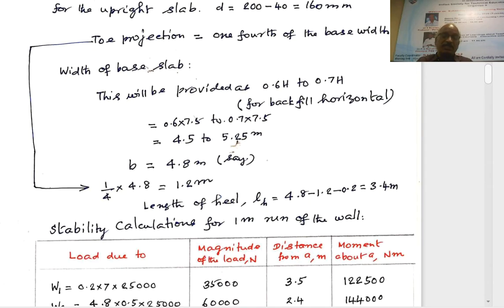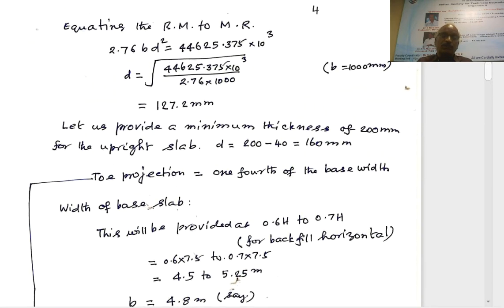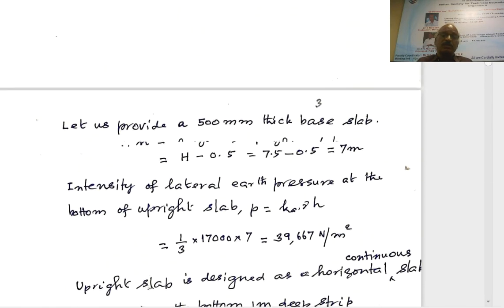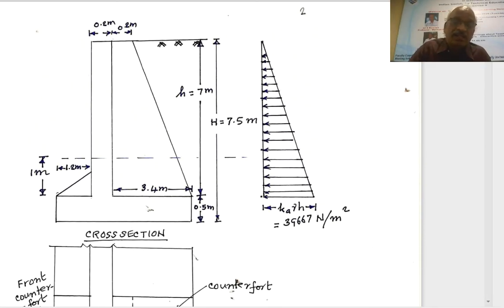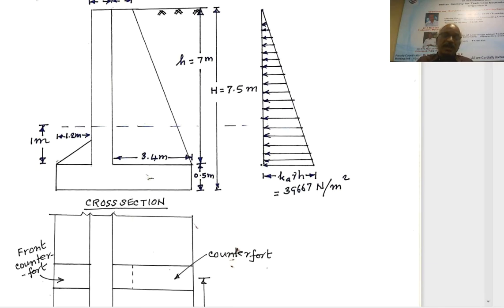Now, coming to the stability check, as we have done in the case of a cantilever retaining wall, here also we have to find out the maximum pressure and minimum pressure. We will take the moment about the heel end, the right bottom. Here we consider the plan of the wall.